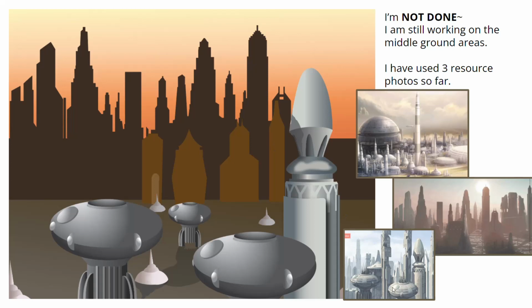And then down here you can see I used these areas and that column, and I kind of made copies of things. I still have this big space in the middle that I still need to do a little something with. But I've got close up, I've got a little bit in the middle, I've got something toward the background, some layered skyline, and then I have my sky, right? So I'm still working on mine.